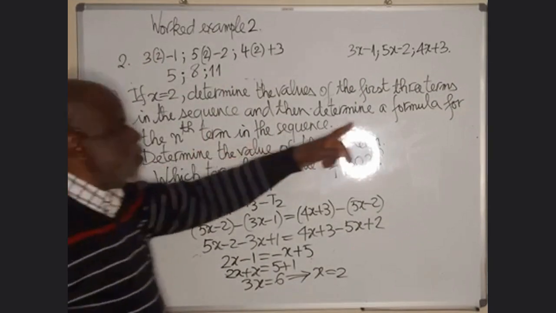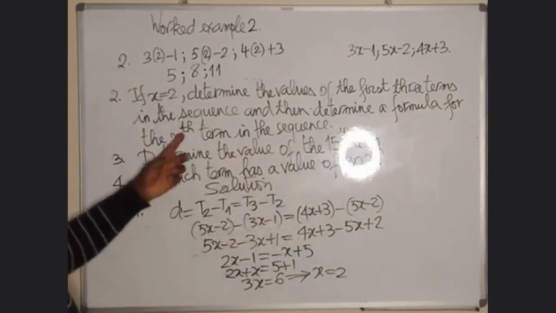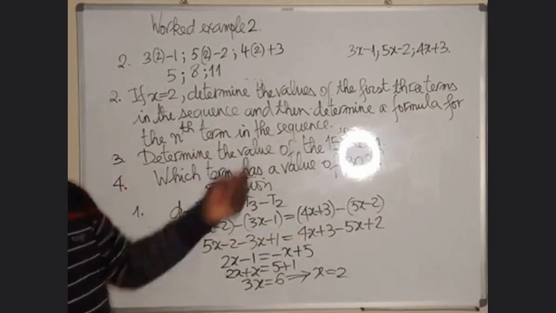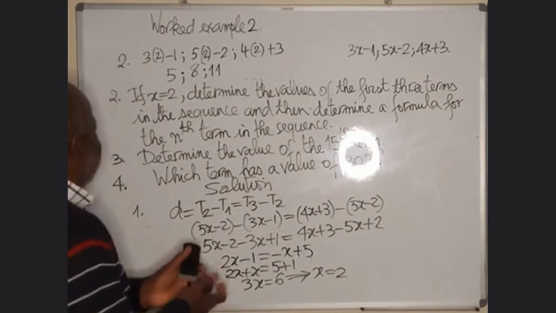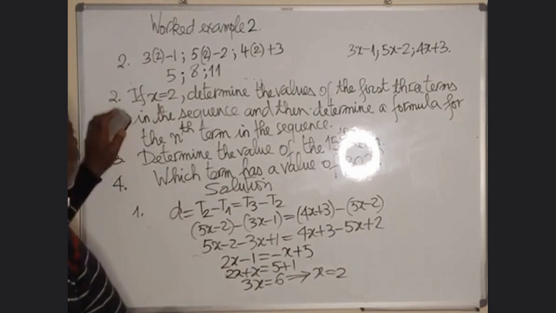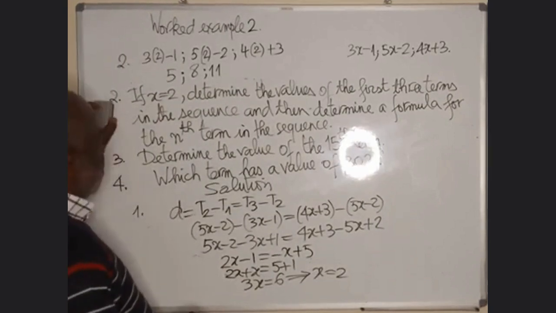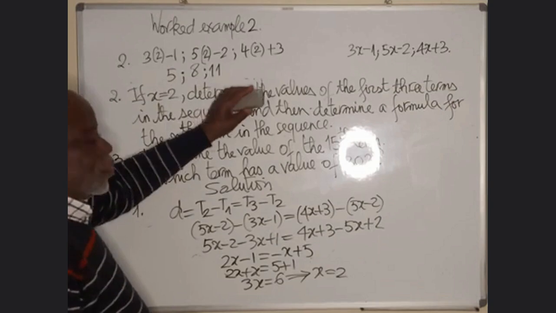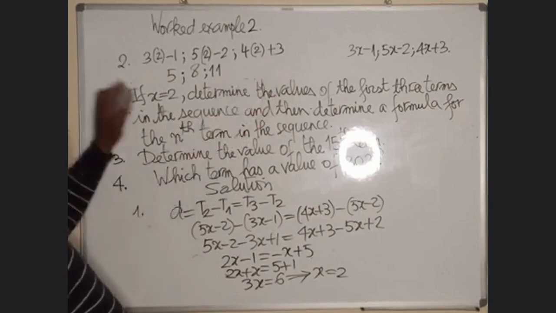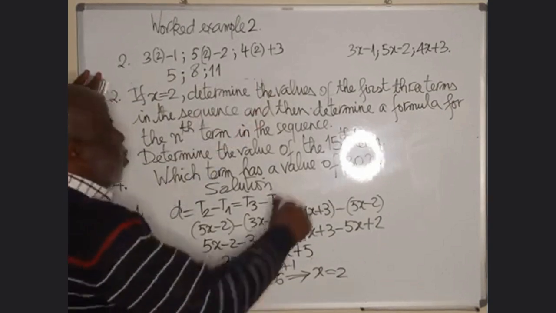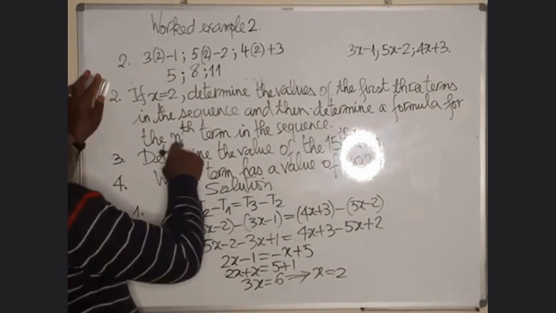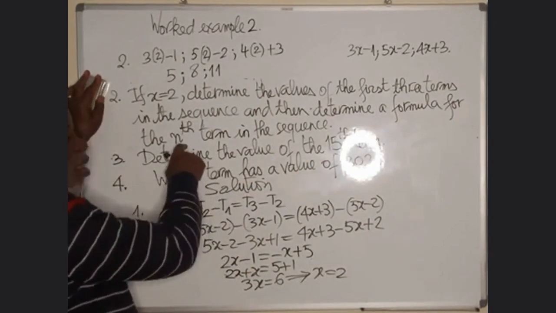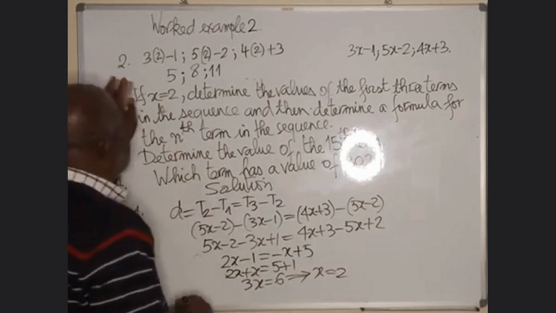And then determine a formula for the nth term in the sequence. The nth term, we know the formula for the nth term. I'm going to clean this so that we're going to have space for this second question. We want to determine a formula for the nth term, meaning the last term of this sequence.